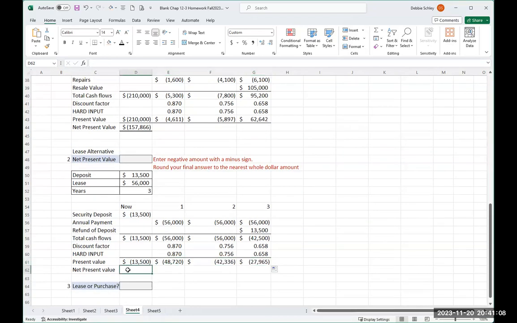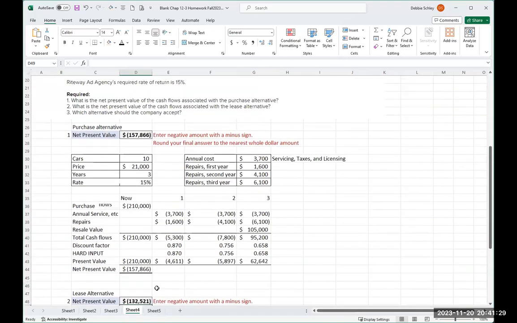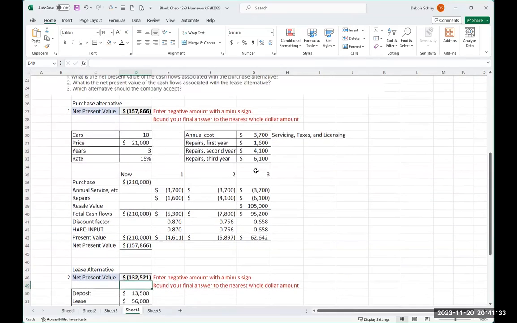So then my net present value is the sum of these numbers, close parentheses. So for the lease alternative, it's a negative 132,521. So required 3, they want to know which alternative should the company accept. So be careful here because both of them are negative numbers.